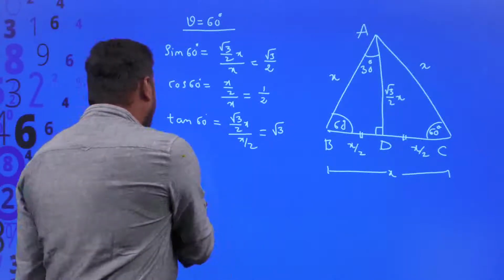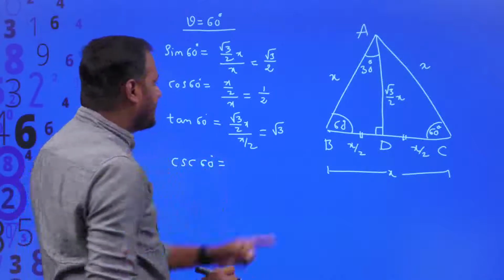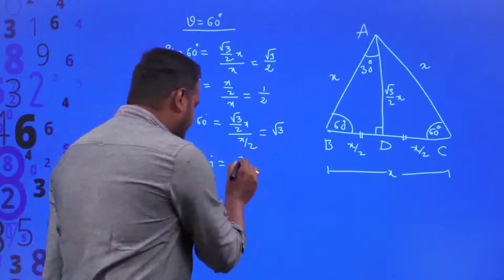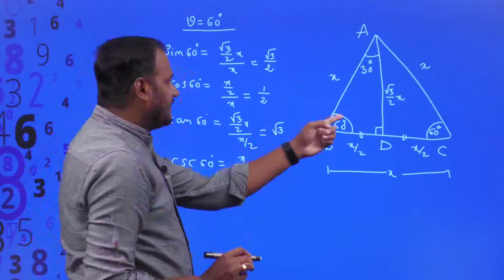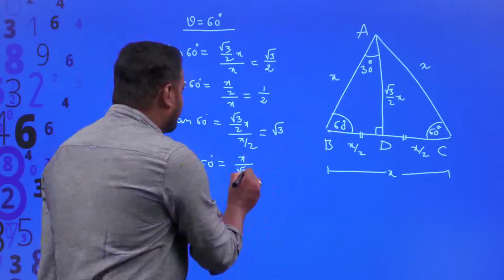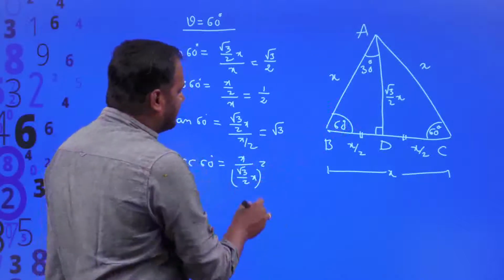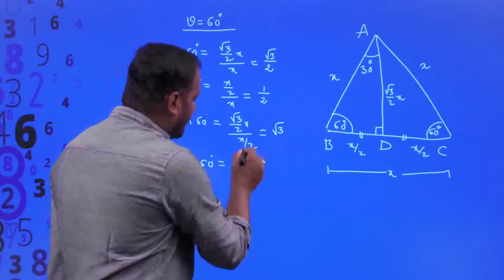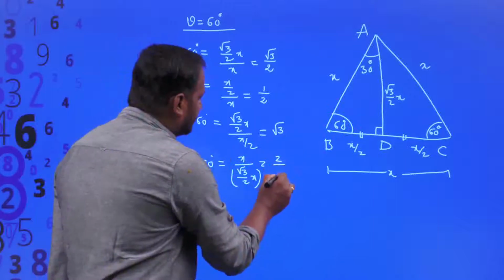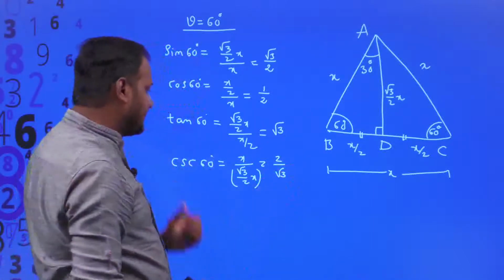Coming to cosecant 60 degrees. Cosecant 60 degrees is equal to hypotenuse divided by side opposite to 60 degrees, that is root 3 by 2x. So x divided by root 3 by 2x, x and x cancel, 1 divided by root 3 by 2 is going to be 2 divided by root 3. That is the value of cosecant 60 degrees.